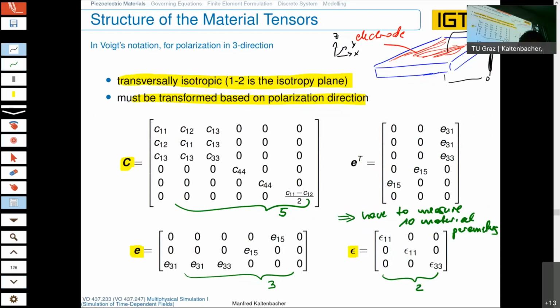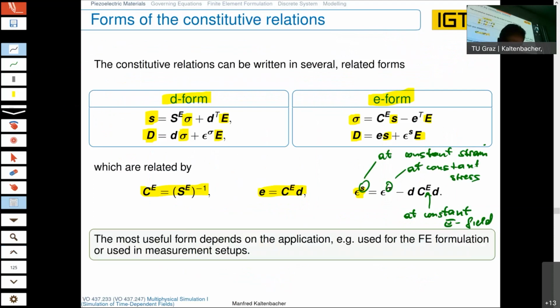Exactly. So when you do this, you guarantee zero electric field, and that makes sense, as you can see here. Yeah? Then this is zero, and we have more or less the classical Hooke's law, and you can use the classical setup as you do for classical mechanical materials.